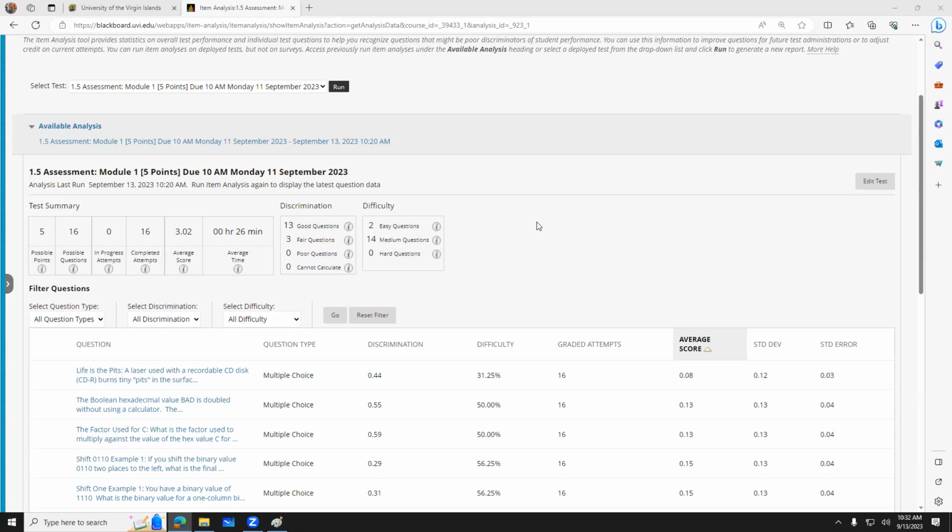So we don't want to overwhelm people. If we're clocking medium questions in terms of difficulty, that's kind of a sweet spot. And the fact that we have 14 medium questions and 2 easy questions, I'd prefer if we had no easy questions and a few hard questions in the mix. We might see a different mix by the time we get to the final version of the Module 1 assessment where you're completing the retake.